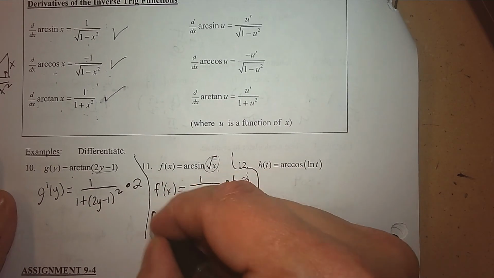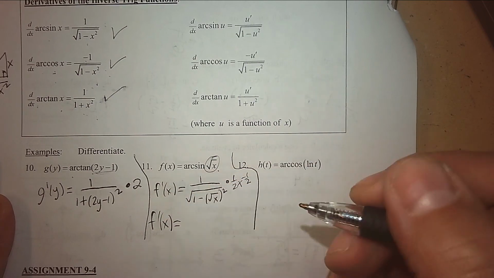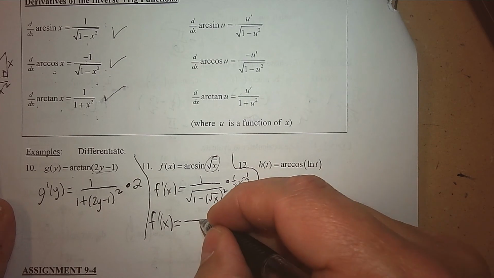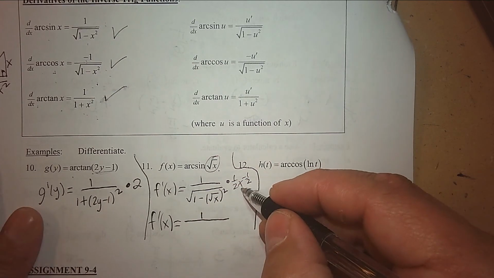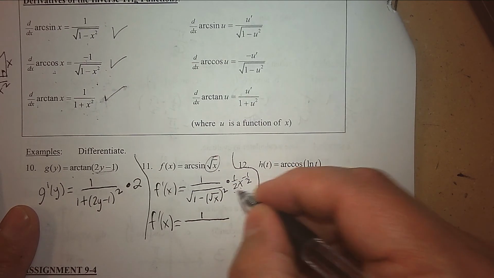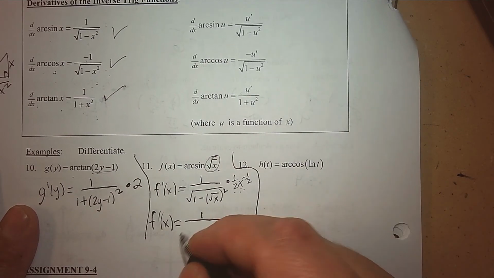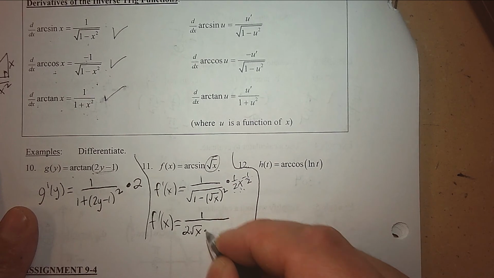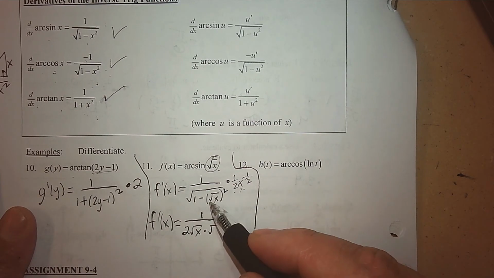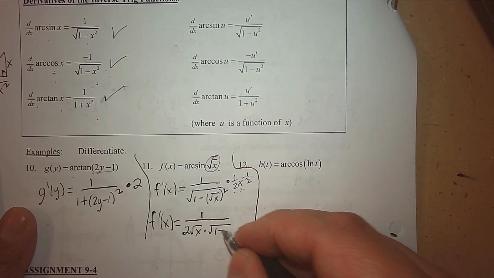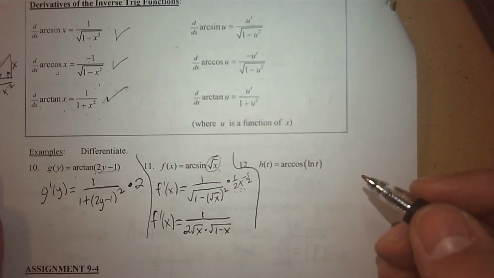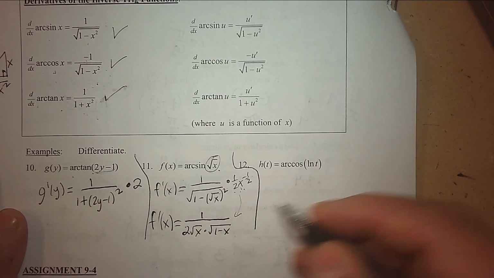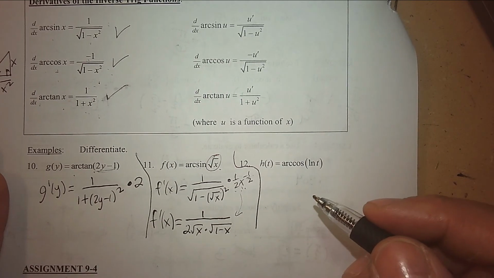And yes, you could write it a little simpler if you wanted to. You could have a 1 on top, and the 2 in front of the x to the negative half. So you have a 2 times root x, and the square root and the square undo each other, so it's just 1 minus x. Unnecessary. But you could see that you could write it that way.